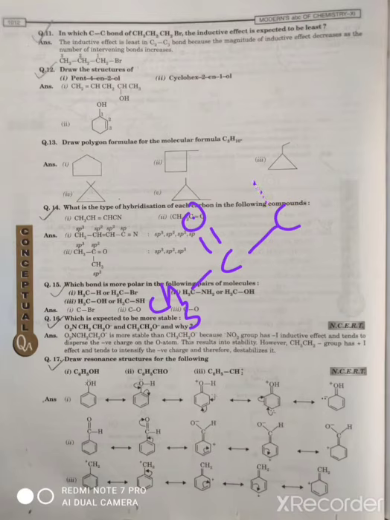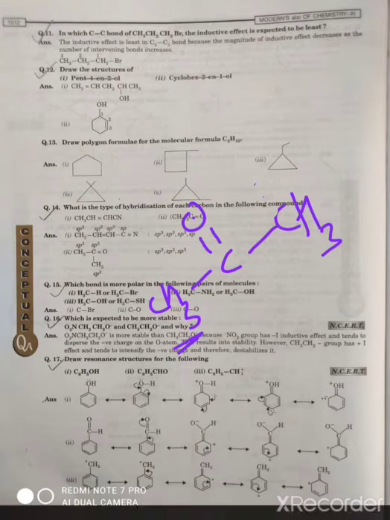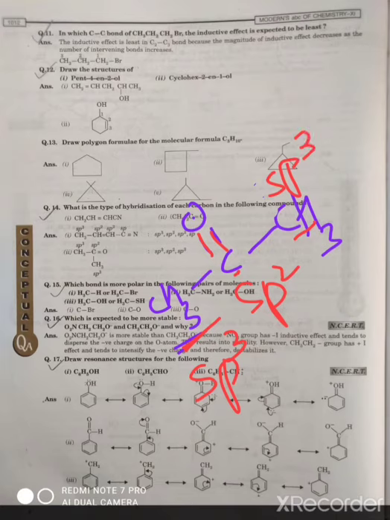The CH3 carbons are all single bonded. Now this carbon is attached to all single bonds, so it is sp3. What about this carbon? There is one double bond, double bond O, so this one is sp2, and this one is also attached to all single bonds, therefore it is sp3. So this is the answer for this one.